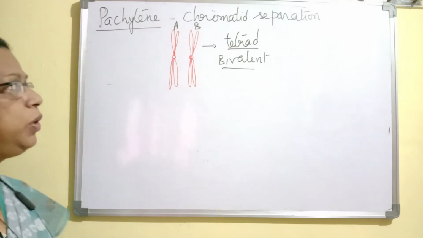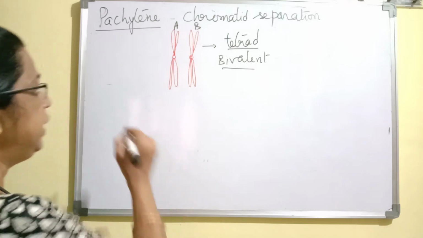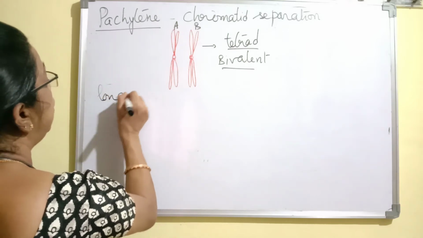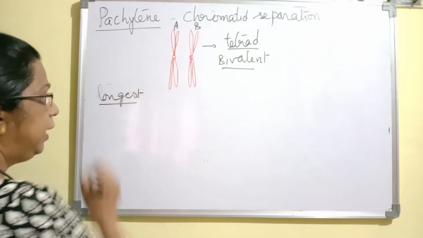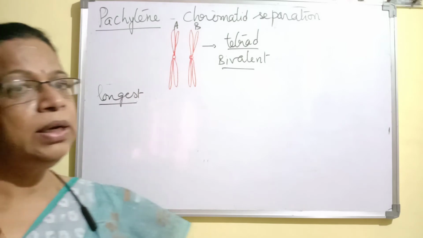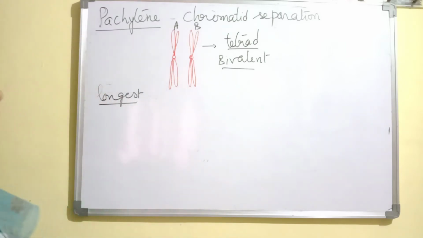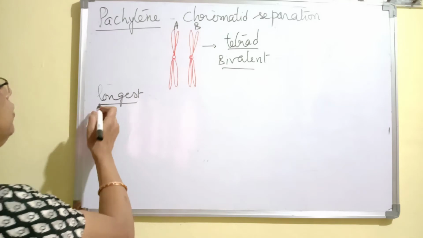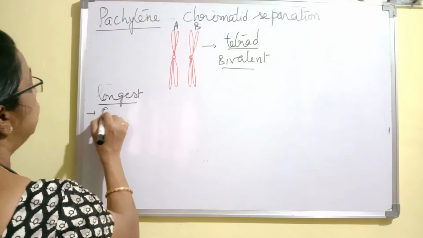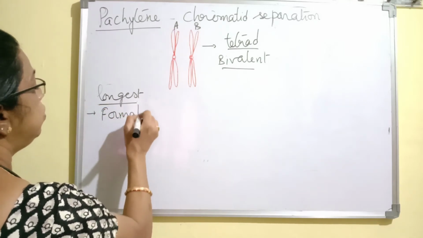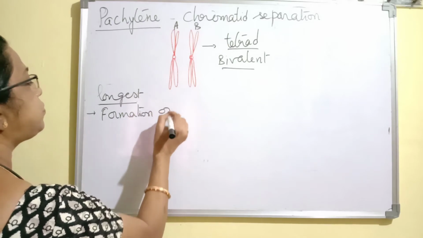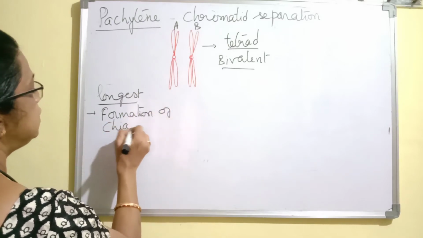Now, the most important feature of pachytene: first, it is the longest phase of all the subphases. The most important feature here is the formation of chiasma.